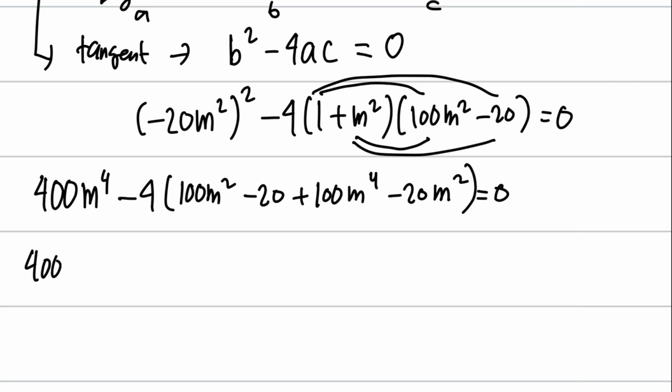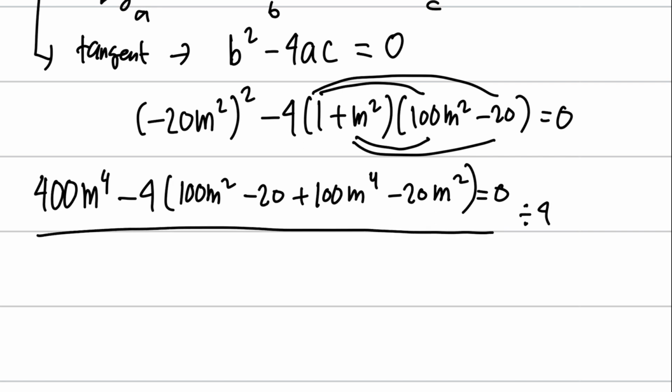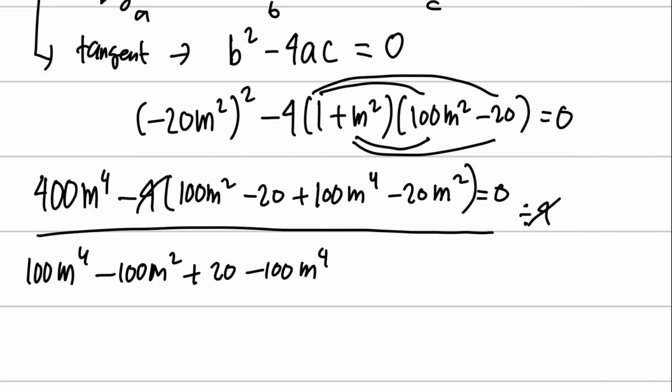And then we multiply by 4. Or maybe I just divide by 4. It comes easier. So we divide by 4. So we will get 100m to the power of 4. This cancels, right? We will get minus 100m squared plus 20 minus 100m to the power of 4 plus 20m squared equals 0.